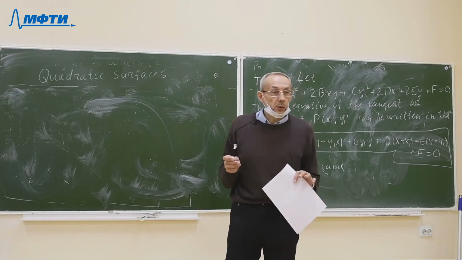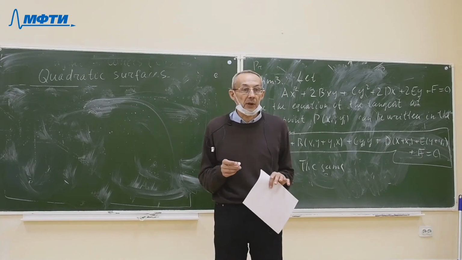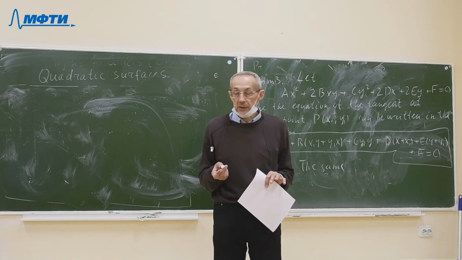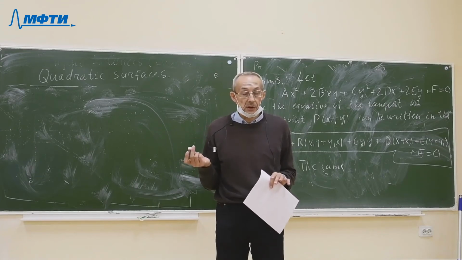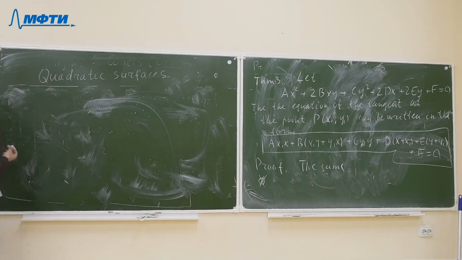And all points whose coordinates satisfy this equation, the left side of which is a polynomial of the second order, we will call a quadratic surface.